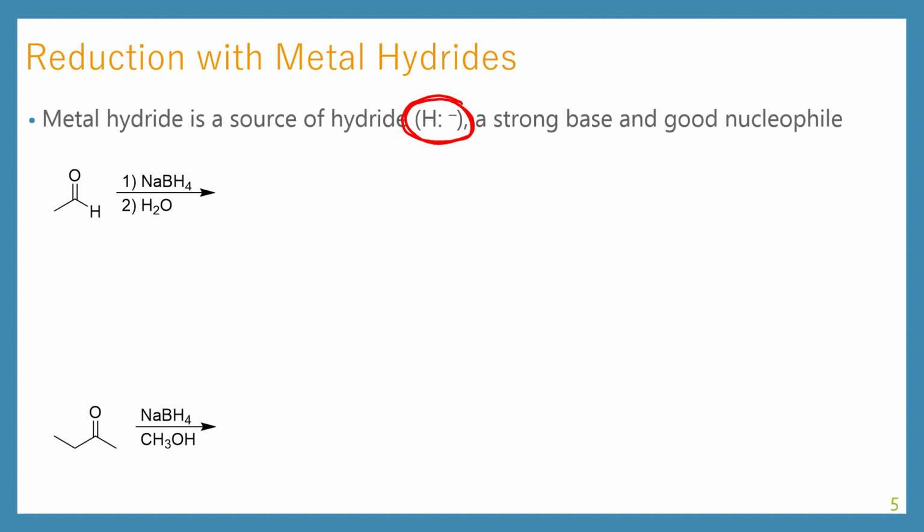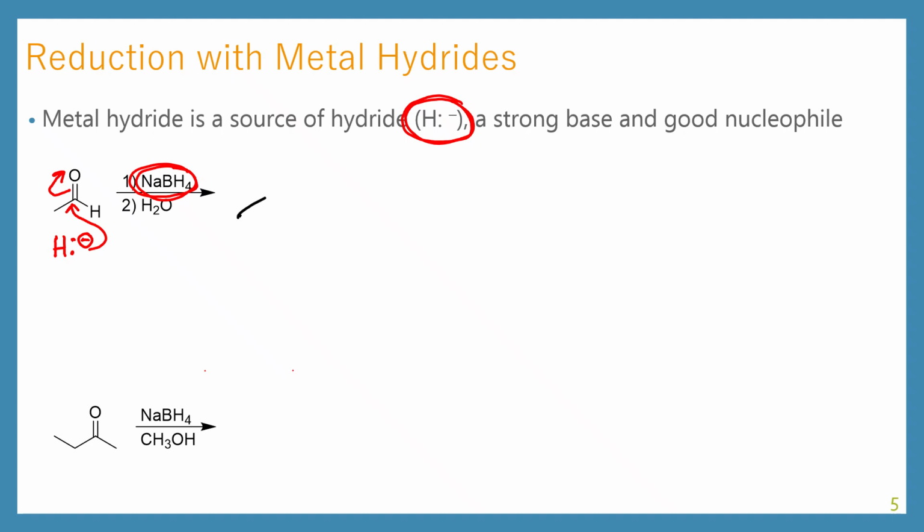So the hydride is actually coming from sodium borohydride, which is going to slowly release not all 4 equivalents of hydride, but a constant source of hydride. And that hydride is going to act like any other nucleophile would. And it's going to attack the carbonyl carbon, push those pi electrons up onto the oxygen.